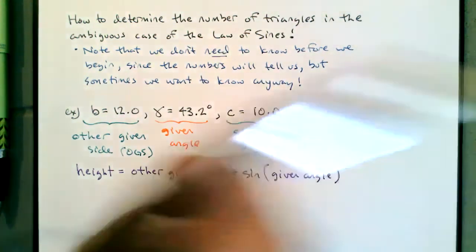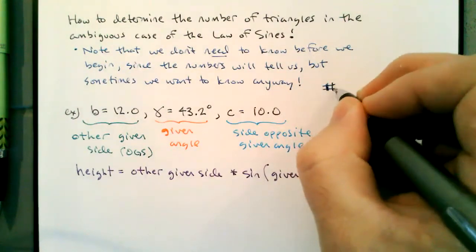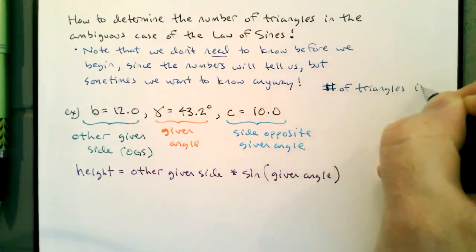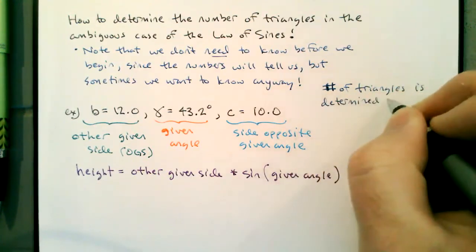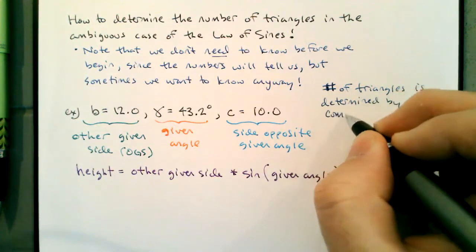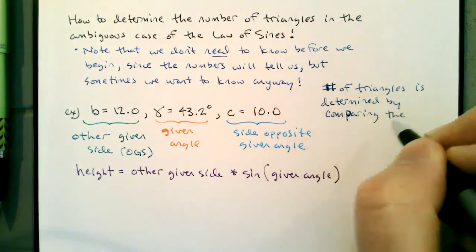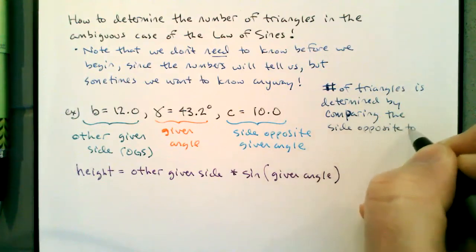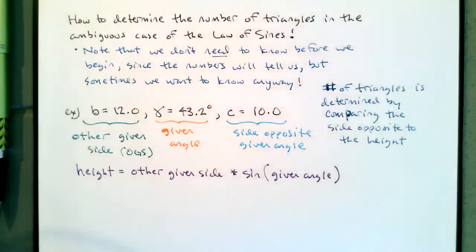So the number of triangles is determined by comparing the side opposite to the height.